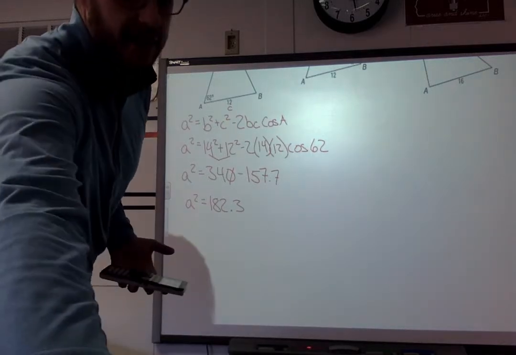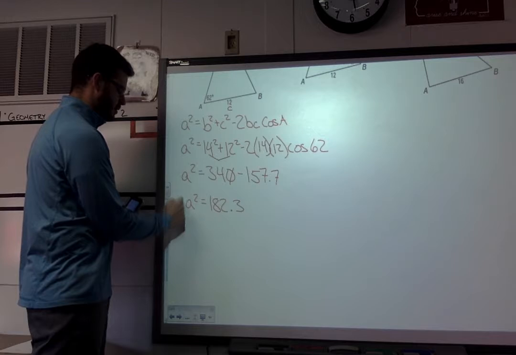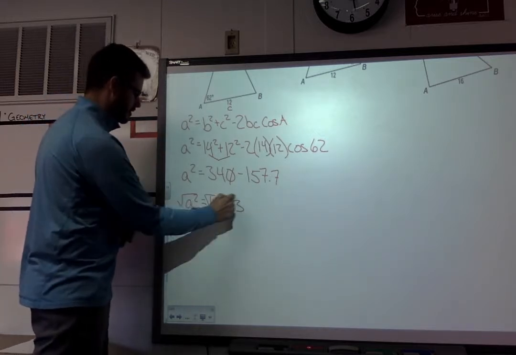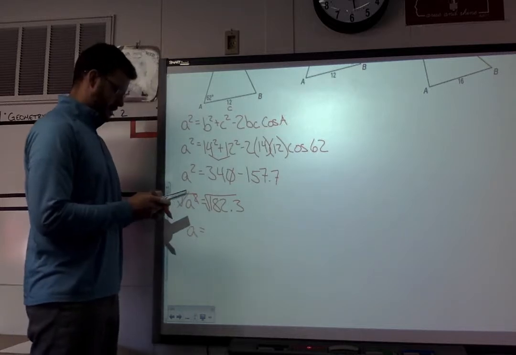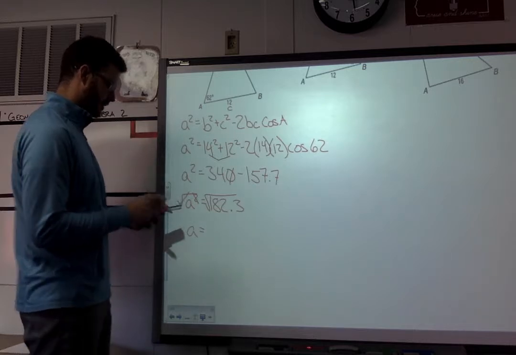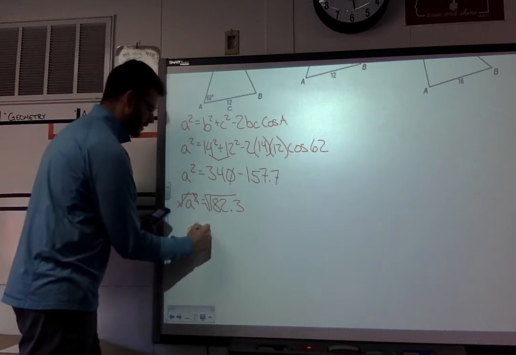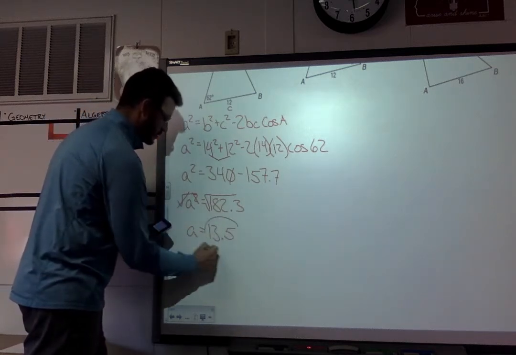So now that I've got that, to get rid of my square, I need to take the square root of each side. That cancels. And I would get the square root of 182.3. Again, since this is a side length, it said round to the nearest tenth. So I would get a length of 13.5.